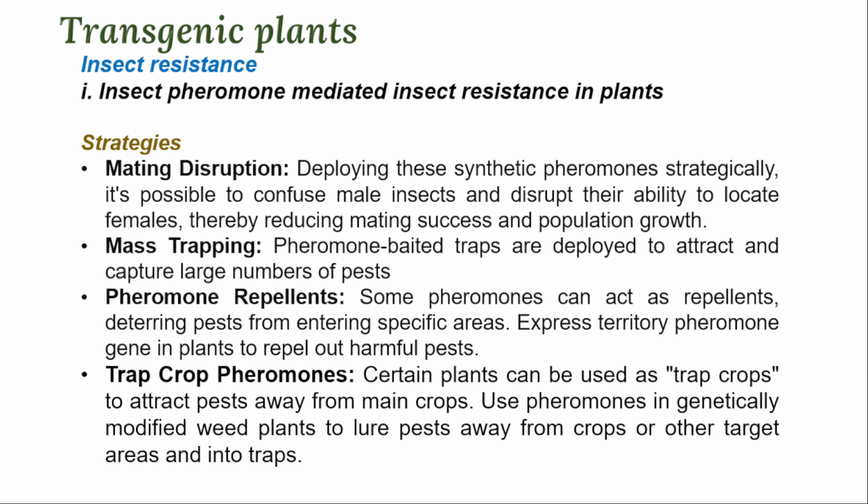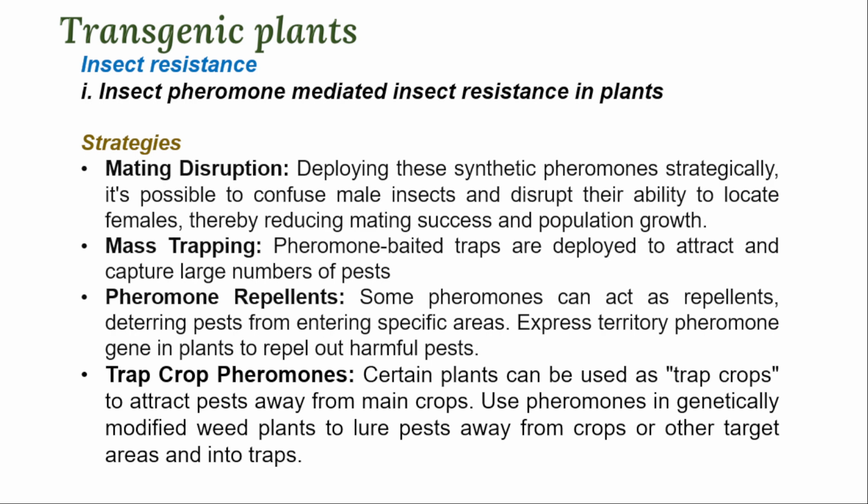Especially in weed plants, instead of mating with female insects, the males will go and bind to the weed plant, so there is no mating, no propagation, and that will disrupt the sexual cycle of these insects. We can even trap the opposite gender's pheromones in the same weed plants, so they capture the insects in large percentages, which prevents reproduction.